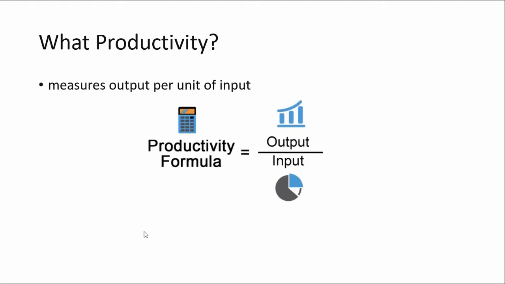If the input is land, we call it land productivity. However, when the input comprises more than one, maybe capital, land, and labor together, we call it total factor productivity.